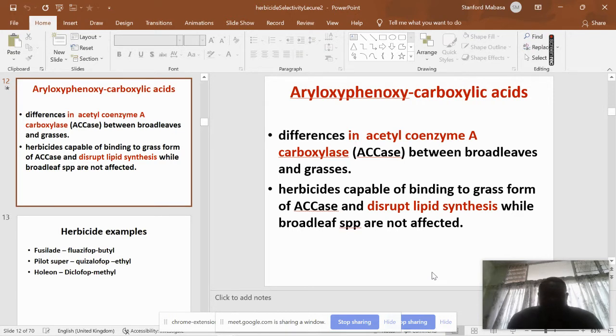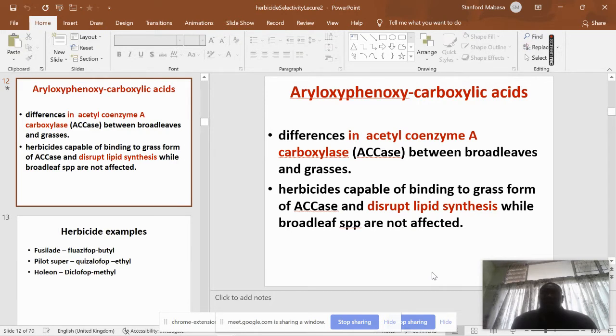In broadleaf crops, such as groundnuts and soybeans, the acetyl coenzyme A carboxylase of the broadleaves has been slightly altered in such a way that they will fail to bind, and they will not disrupt the lipid synthesis.